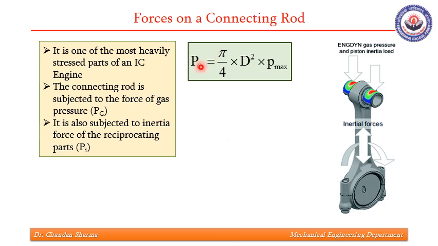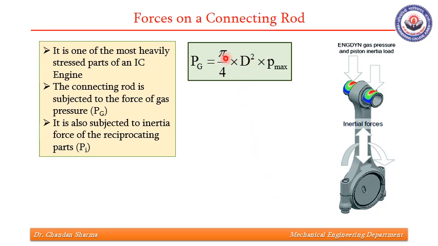Force due to gas pressure is pi by 4 d square into P max, where P max is the maximum pressure, which is generally 10 times indicated mean effective pressure, and d is diameter of cylinder.